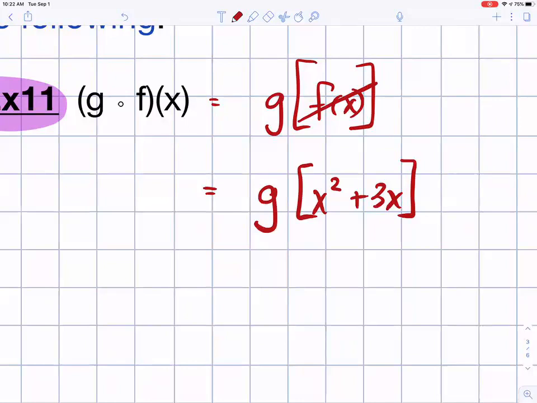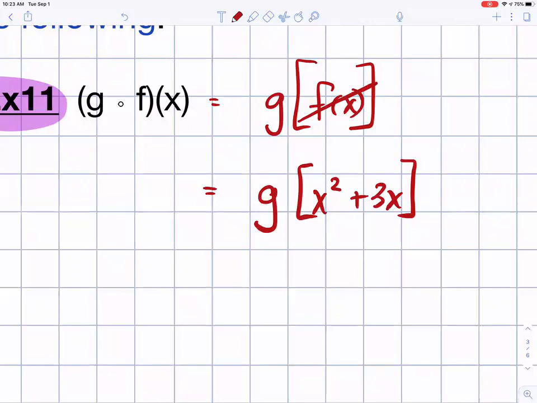Okay, that one's too pretty, too easy, and boring. So let's do G of face mask. What would that look like? Face mask squared, good, plus 3 times face mask.